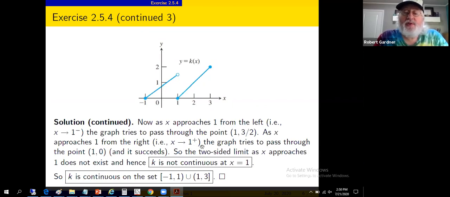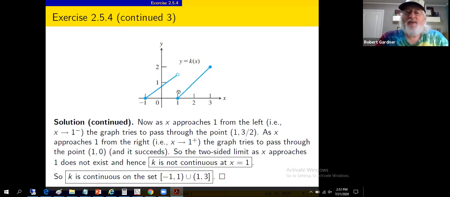But in terms of two-sided limits, the two-sided limit doesn't exist. The limit from the left is 3/2. The limit from the right is 0. Those are different. We had a theorem that said two-sided limits exist when one-sided limits both exist and are equal. So the two-sided limit doesn't even exist here. Continuity means the limit exists and some other stuff.